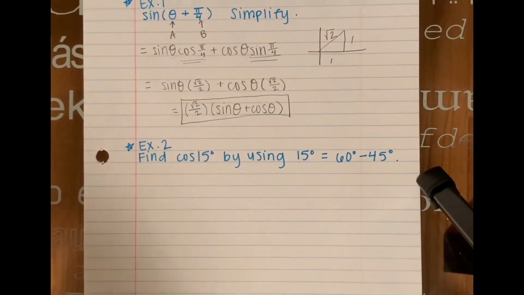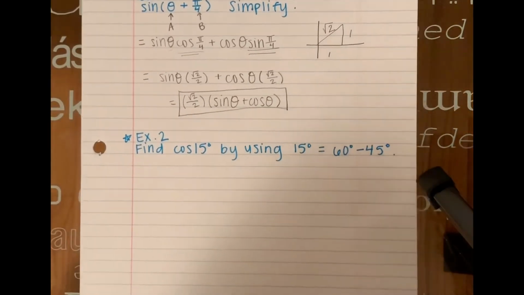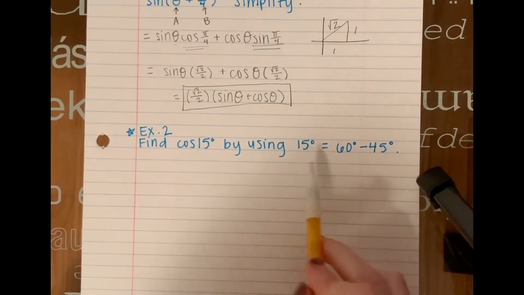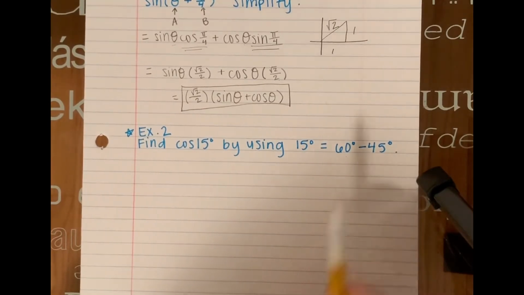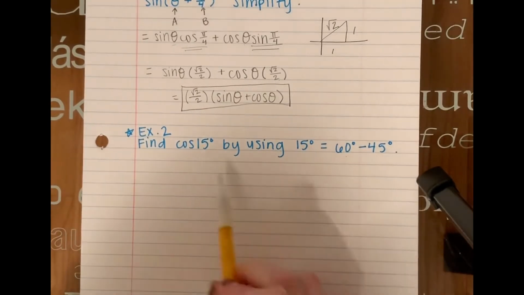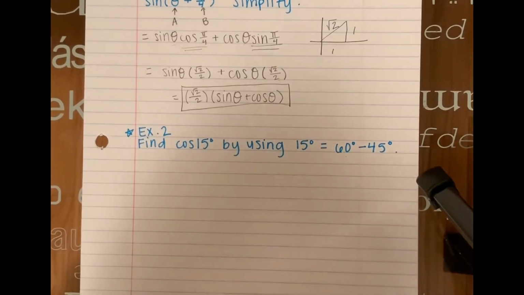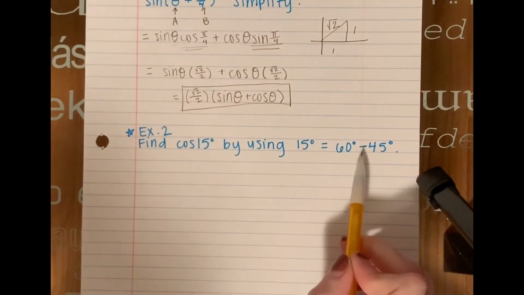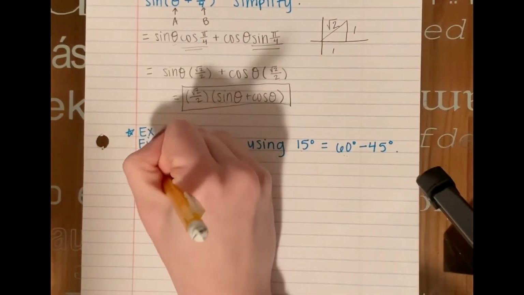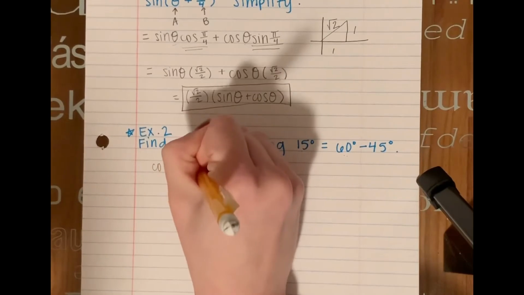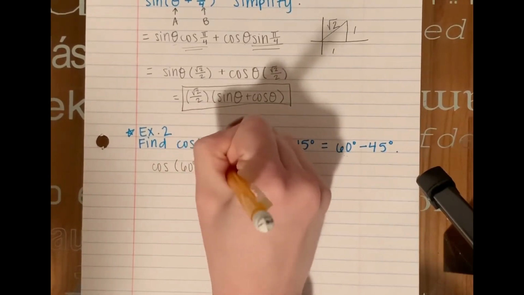Example 2 says, find cosine 15 degrees by using 15 degrees equals 60 degrees minus 45 degrees. So we could just type that into our calculator, but we're going to find something way more accurate using these identities. So if we know 15 degrees equals 60 minus 45, we can rewrite this as cosine of 60 degrees minus 45 degrees.